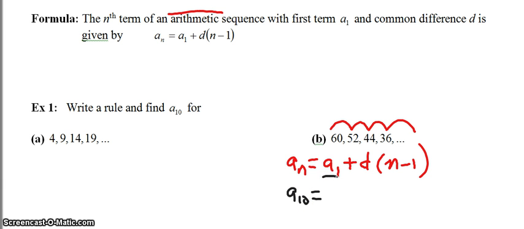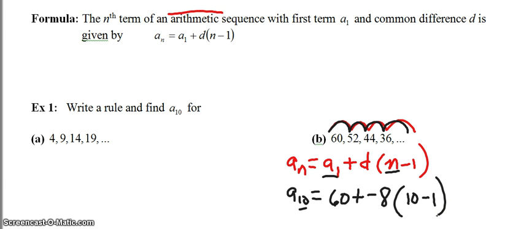We take the first term, which in this case is a 60, plus the common difference. If I'm going down, it would be a -8. And again, if I want to find the 10th term, this would be a 10 minus 1. So to find the 10th term, I'm going to take 60 plus -8 times 9, which is -72. So 60 plus -72 will be -12.